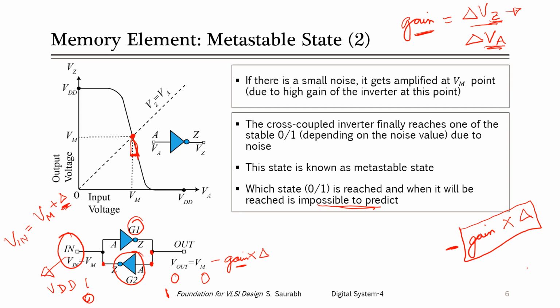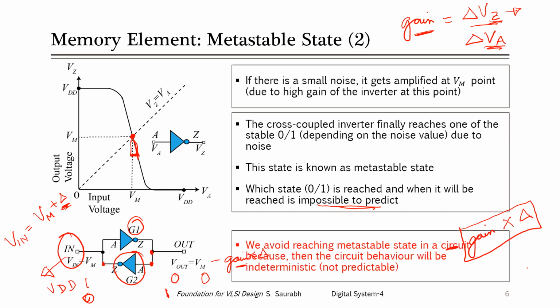Additionally, we do not know at which moment this noise will be triggered, and from the Vm point when it will actually go to the stable states 0 or 1. So neither can we predict the value nor the time taken to reach that value, and therefore for a designer this is not a good situation, and therefore we should avoid metastable states.